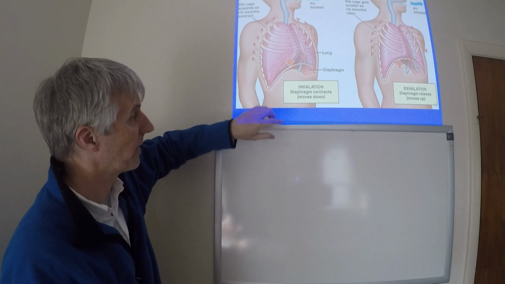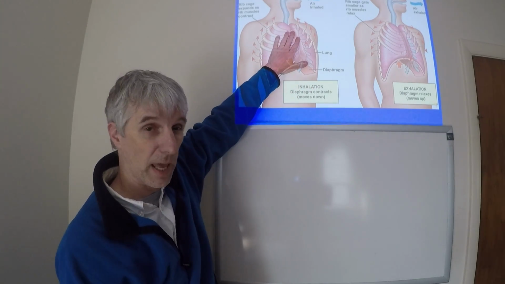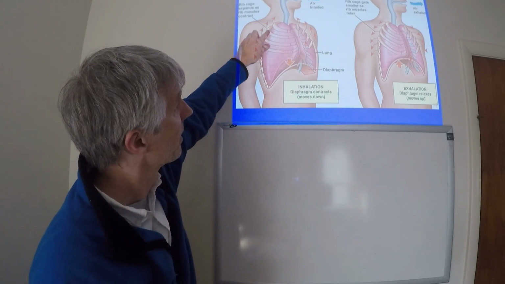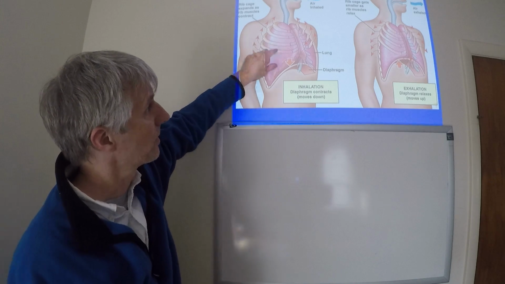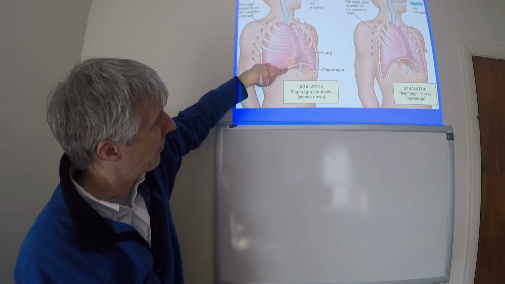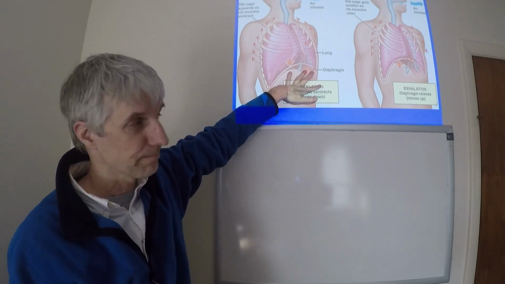Okay? All right, so this space here in the thoracic cavity, we've got lungs here, and then we have a tube that brings air into the lungs. At the lower part here on my diagram of the thoracic cavity is this large muscle called the diaphragm.